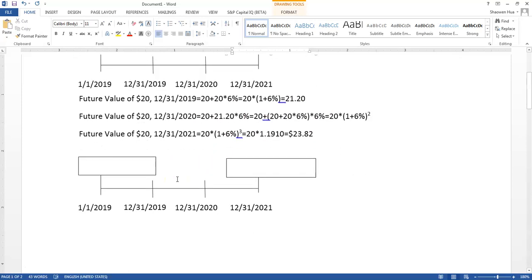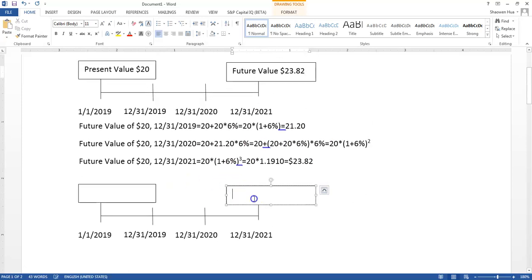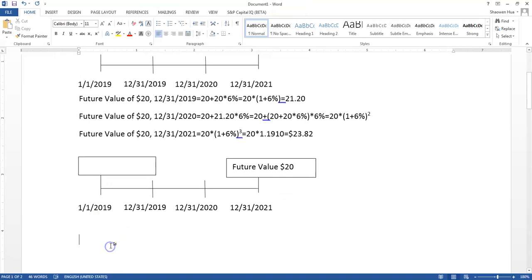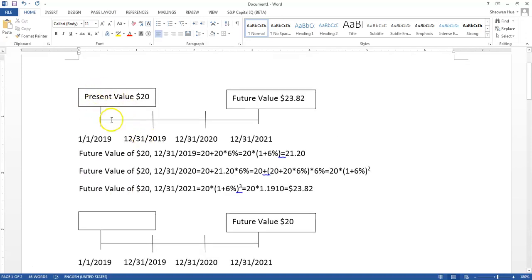Whereas for the present value, if I will return $20 to the lender 3 years later, how much is he willing to lend me today? So look back at how we calculate future value. It is by multiplication: multiply by 1 plus interest rate, with the number of periods in the power.